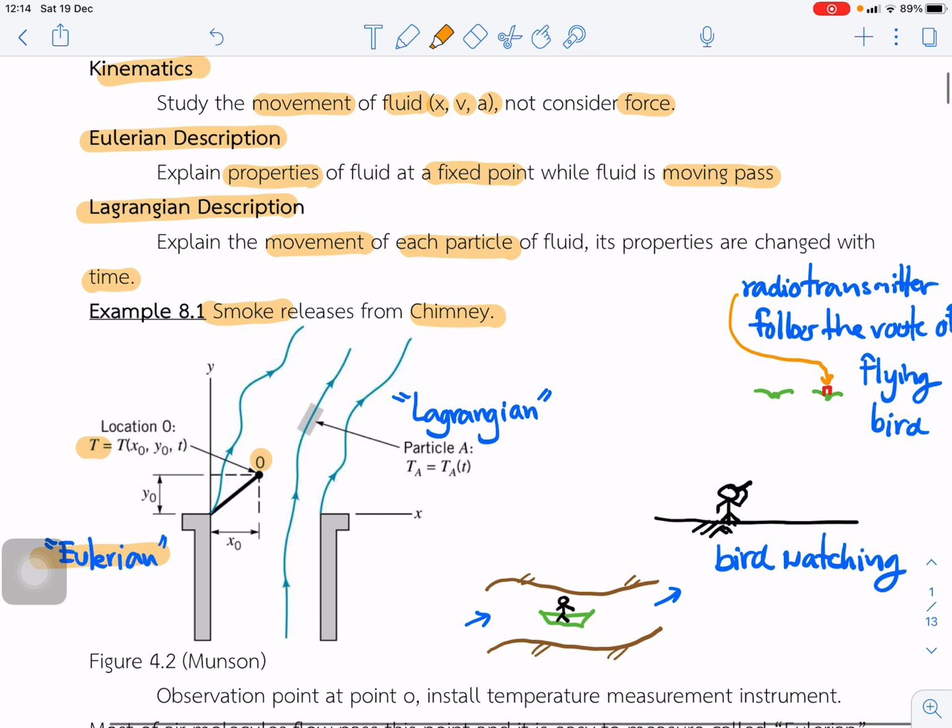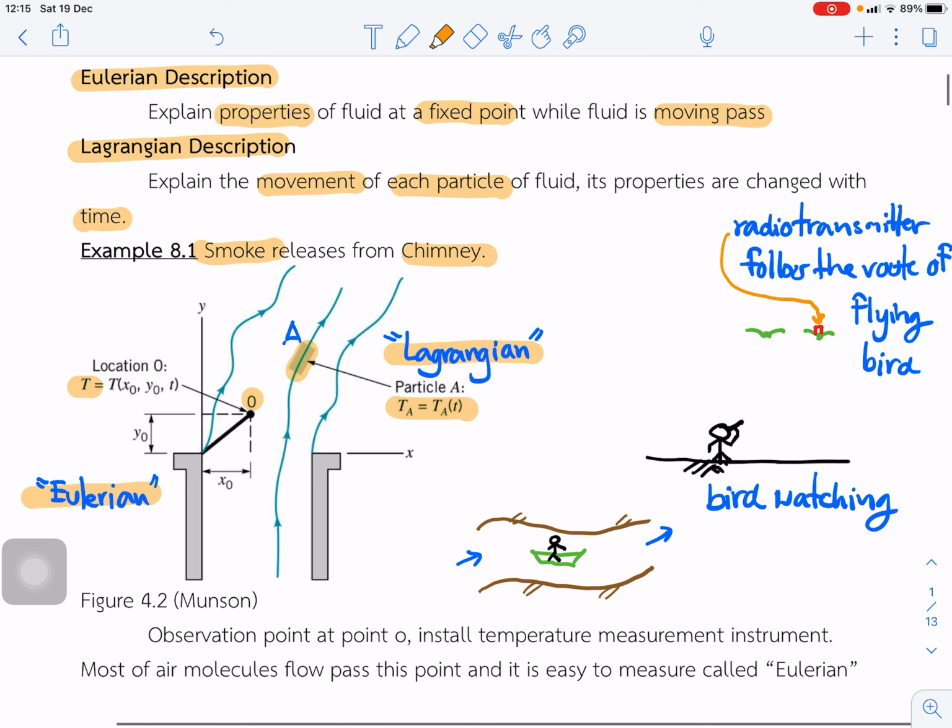And in another way, if we put the instrument on the air particle and measure the temperature, we can say that at particle A the temperature is a function of time. Okay, so we can measure along the movement of the particle. That is the description we call the Lagrangian description.